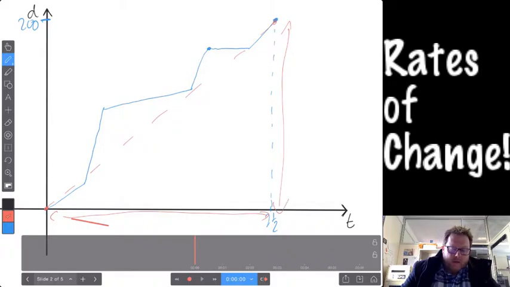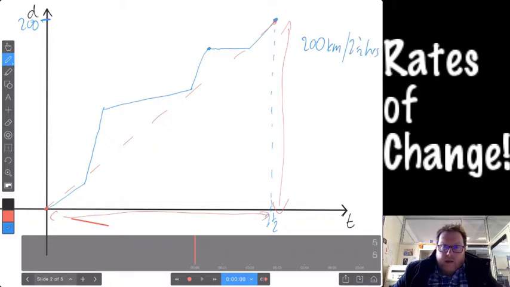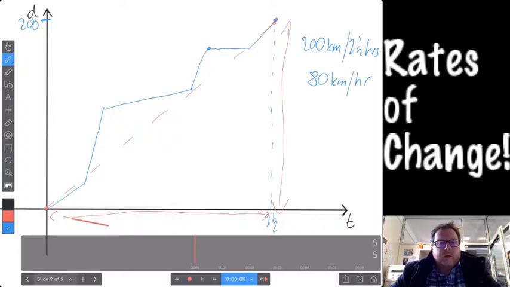So in this case, I would have 200 kilometres per 2.5 hours. And then if I work that out down into a per hour rate to give us our kilometres per hour, that would be 80 kilometres per hour if I just divide both sides by 2.5.